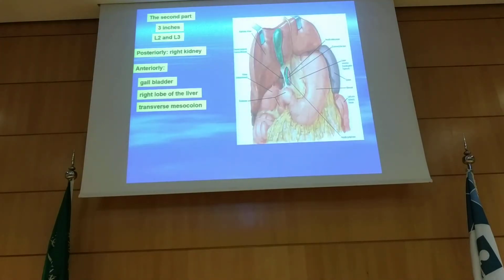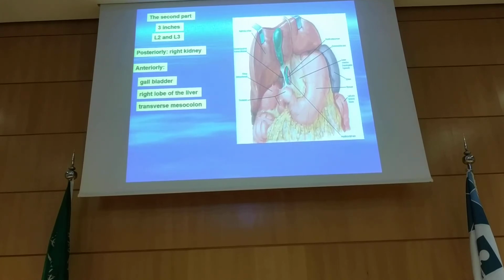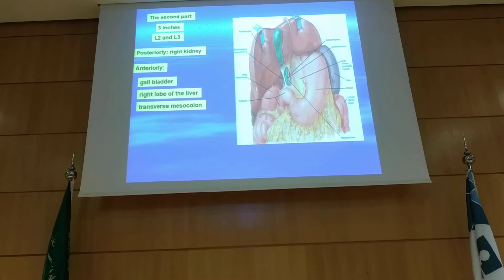Okay? Now, the second part of the duodenum is the descending part here, and as you can see, posteriorly it is related to the kidney and the renal blood vessels. While anteriorly, if I let the liver go down, it will be in touch with the gallbladder and the right lobe of the liver, and of course the transverse mesocolon, which is the mesentery that attaches the transverse colon to the posterior abdominal wall.